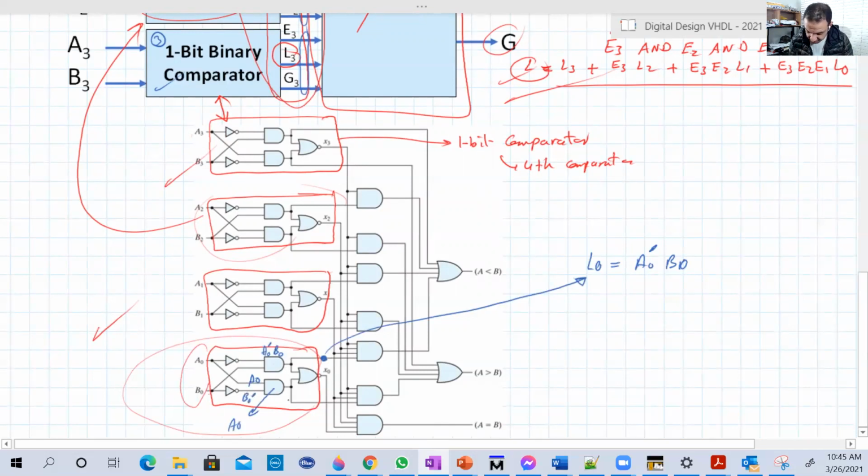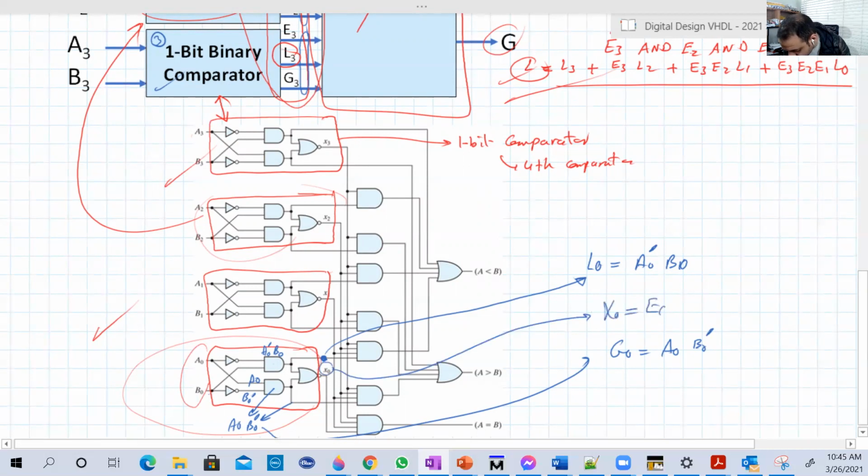So the output here is A0 B0 complement. This is basically G0. And where is the equality? This is the equality, X0 here. So X0 in this design is basically E0, but the book called it X.